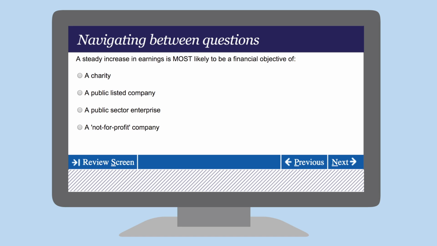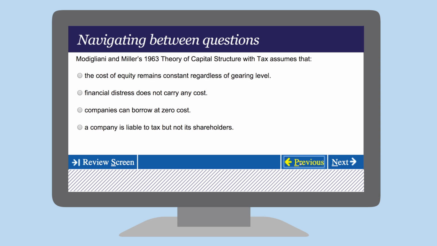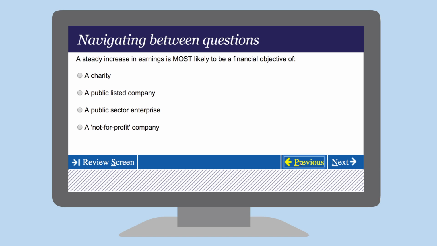You can easily navigate between the questions by pressing the previous or next buttons on the bottom edge of the screen. The next button will move you from the present question to the next question. The previous button will move you from the present question to the question you attempted previously.